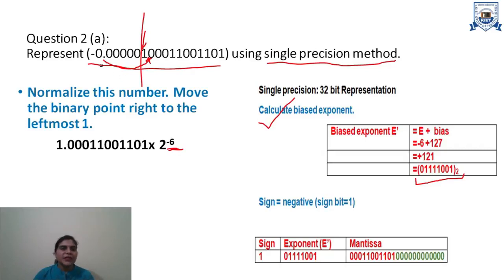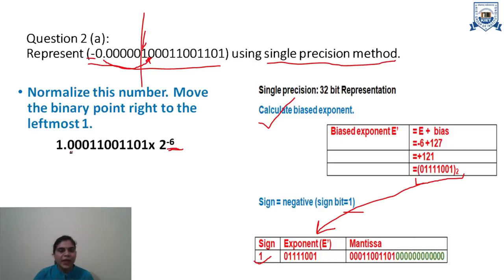You can see that the number is negative, so the sign bit will be 1. We have the representation of the given number in 32-bit representation. Sign bit will be 1. Exponent, we have calculated the biased exponent, so we will copy it here.